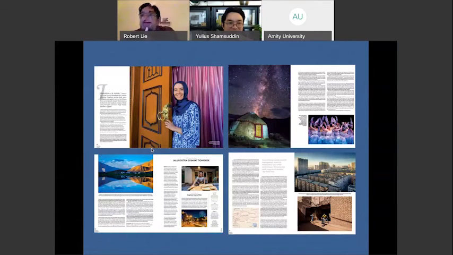Maybe a little difficult is the Milky Way. You see the sky with many stars. Yeah, it's a little bit tricky. First, you must use a tripod, and your lens must be wide so the lens can grab all the sky.